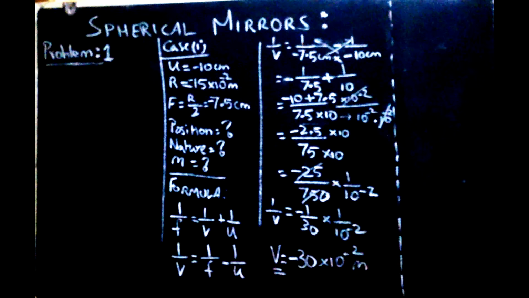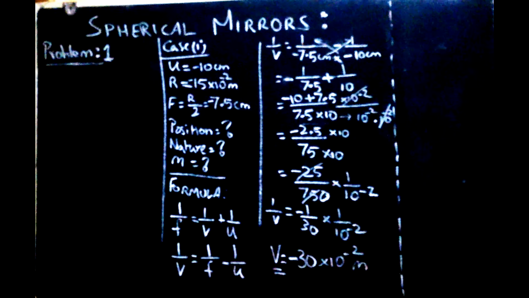To simplify, I'm once again drawing the mirror to show how the images are formed. The center point is the pole, so U is 10, so I mark U as 10. U is also called the object distance, V is called the image distance, so don't confuse them. So U, I take it as minus 10.